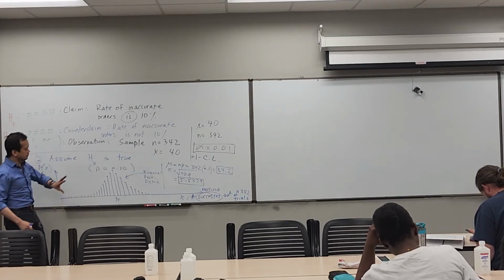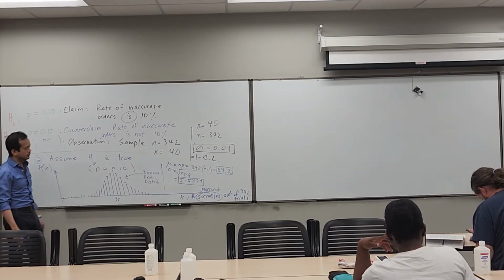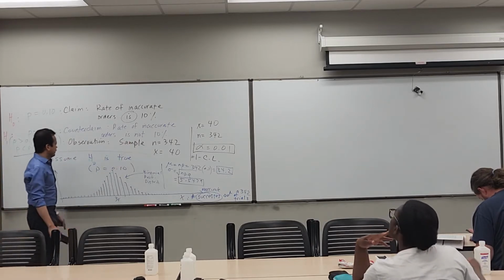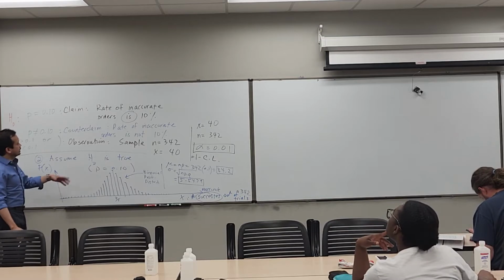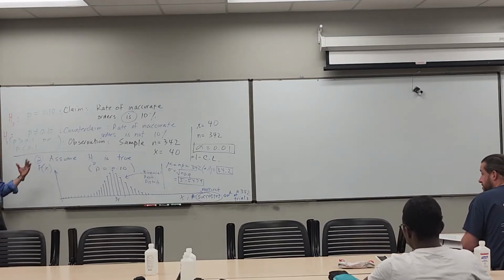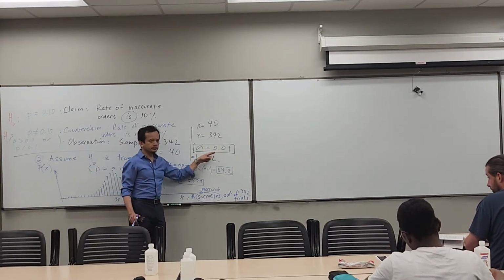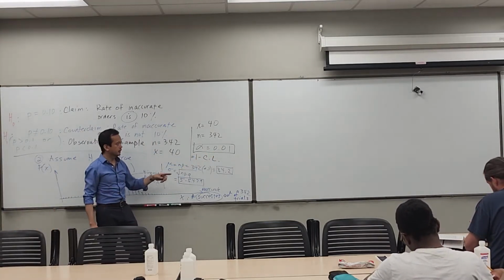The last thing we need to fill out in the distribution, before we start incorporating the observation of 40, is we need to decide how many tails are here. Last time we talked about the number of tails dictating whether alpha is distributed across one tail or two tails.